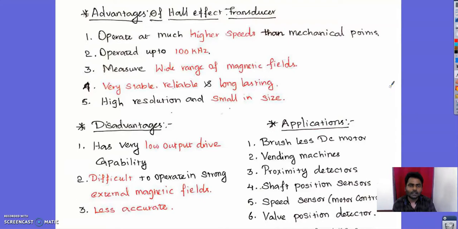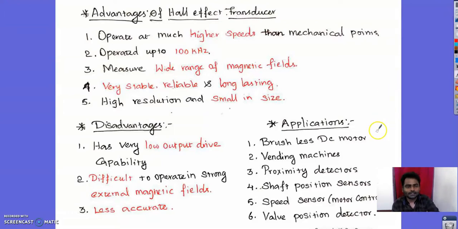We measure magnetic fields with the help of the Hall effect transducer. If the magnetic field is very strong, it is difficult to operate, because the device cannot withstand that much magnetic field and it shows less accurate readings.